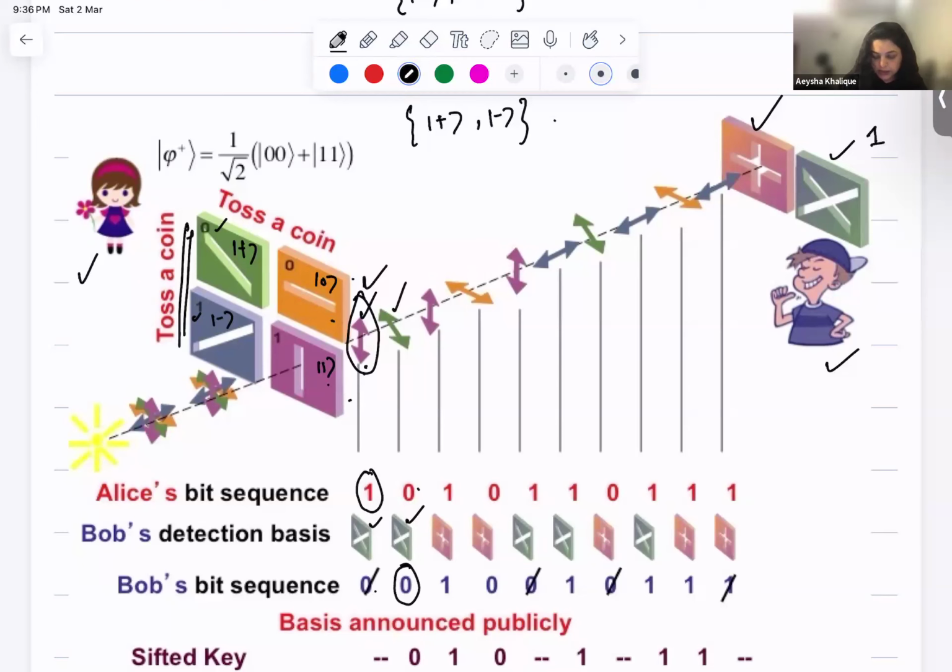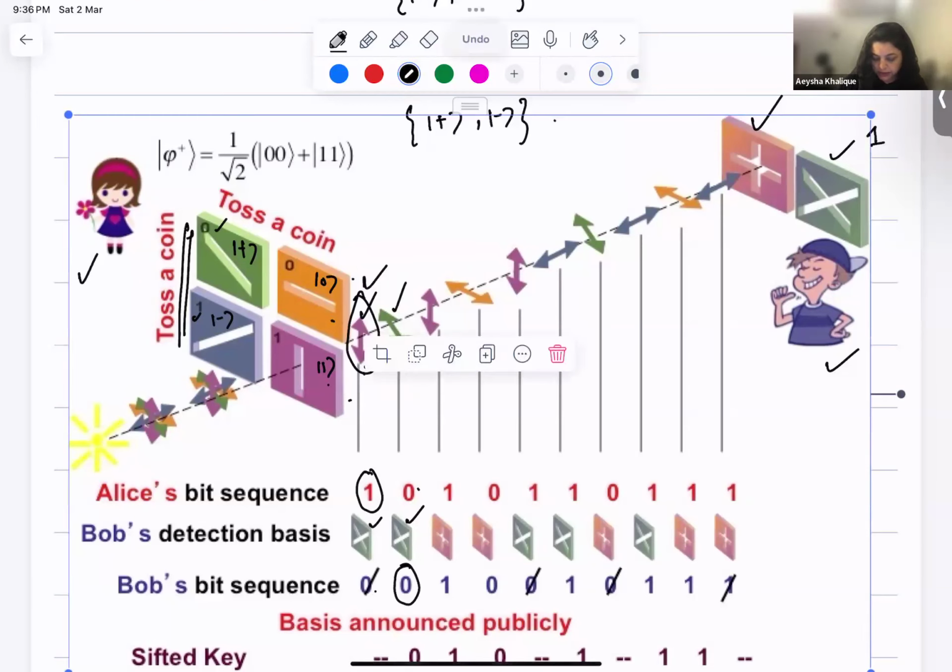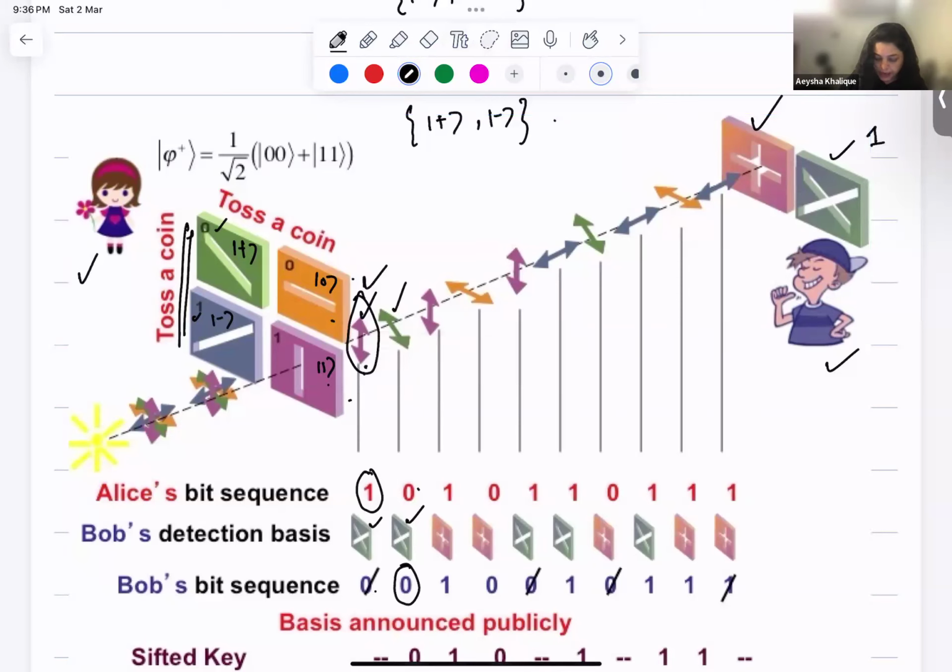In the third case, this is the bit value 1 that Alice has recorded, and Bob chooses the measurement basis randomly. It matches with the preparation basis, right? So both are horizontal vertical, so they match, and his bit value should exactly match, which it does.